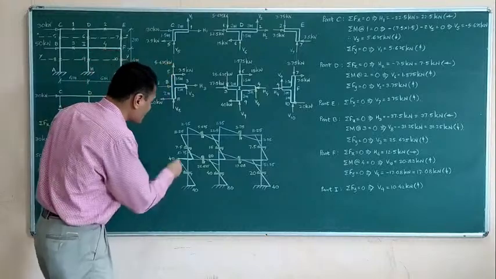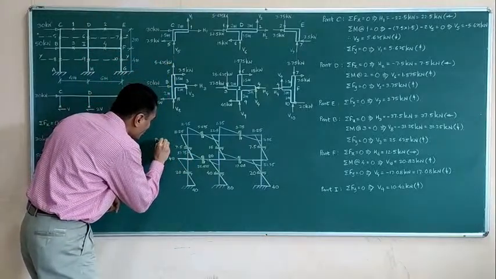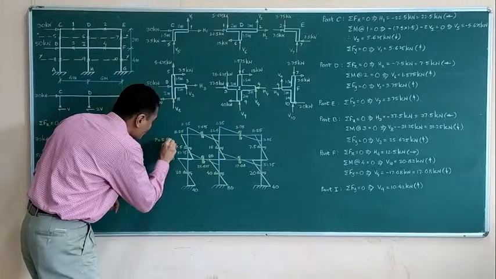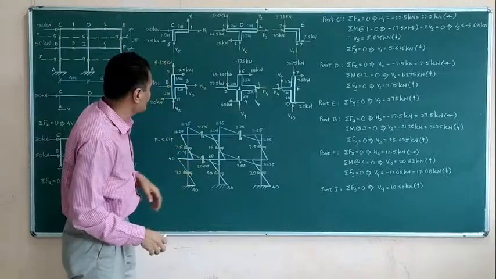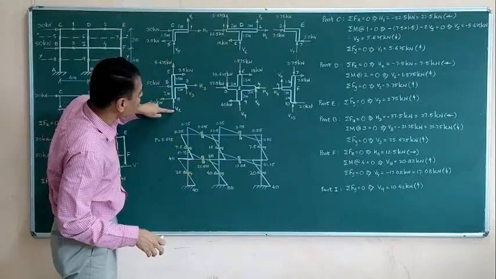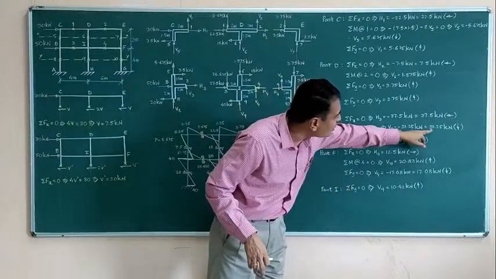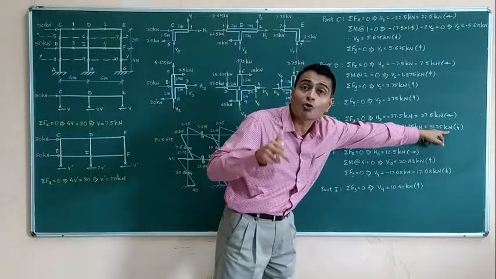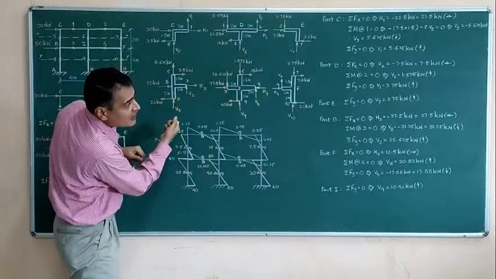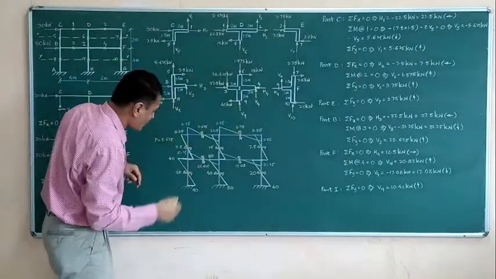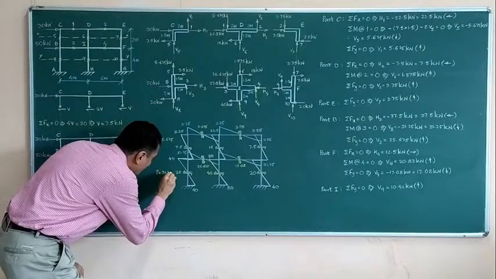That means here I have P equal to 5.625 kilonewtons positive. Positive means tension. Similarly, this force V8, if you look at the answer for V8, it is 31.25 kilonewtons downwards. That means this force is going to be a pulling force, and the value was 31.25. So again I am writing here P equal to 31.25.